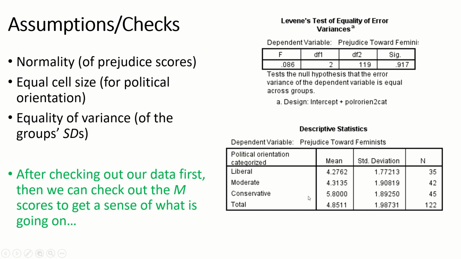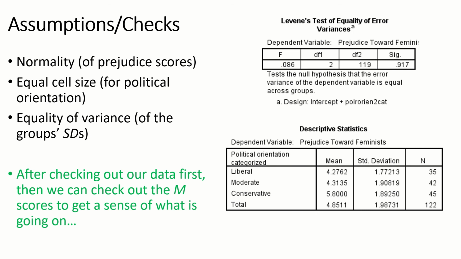The moderates' mean prejudice score is 4.31. That doesn't seem very far away from liberals, but it does seem very far away from conservatives. So it looks like liberals and moderates may not significantly differ, but it definitely seems like moderates and conservatives will significantly differ. Moderates are scoring more on par with liberals than conservatives.